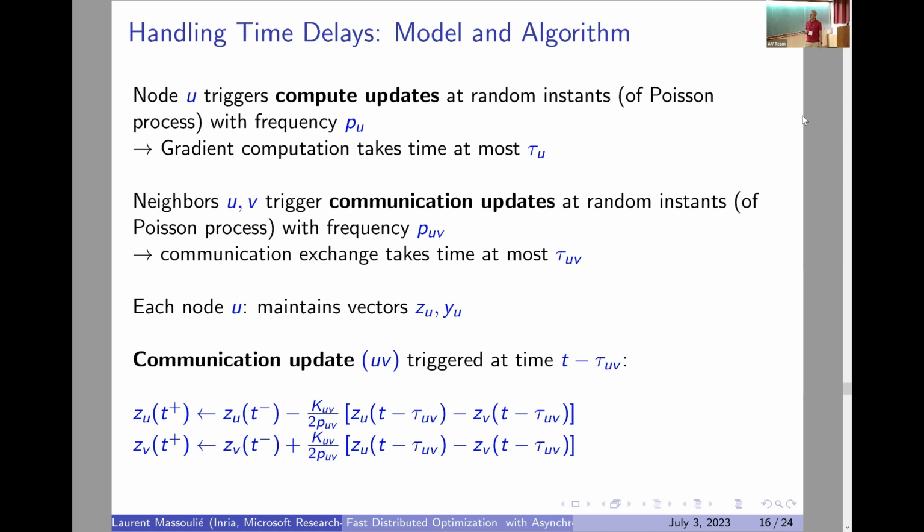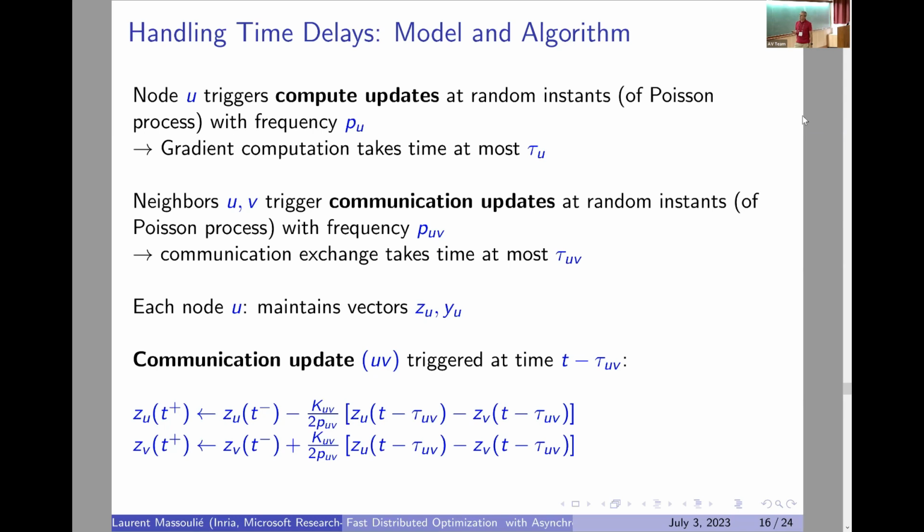And they will update those variables when an interval of time of length tau sub UV has elapsed. So at time t plus, they will increase their variable by an amount that depends on those variables at time t minus tau sub UV.